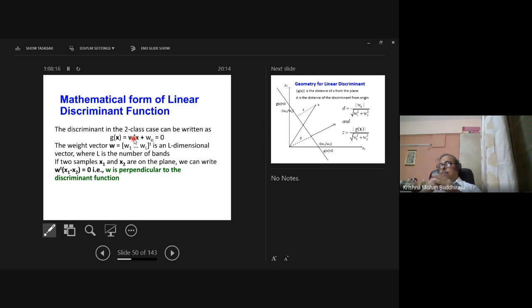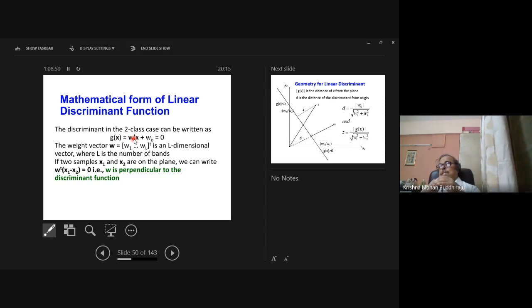So what is given here? For a two class case, I have some samples for class 1 and some samples for class 2. If I say that the boundary is represented by g(x), if a sample is on the boundary, g(x) will be 0. Otherwise, g(x) will be positive for some samples, let us say class 1, and g(x) will be negative, less than 0, for, let's say, class 2.